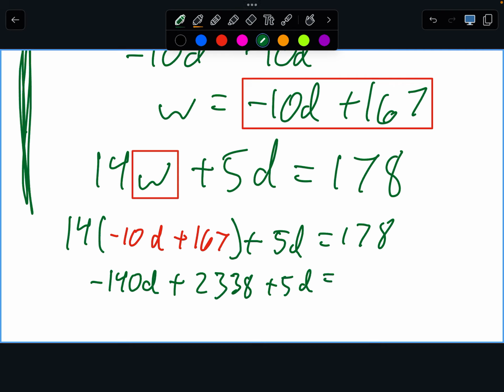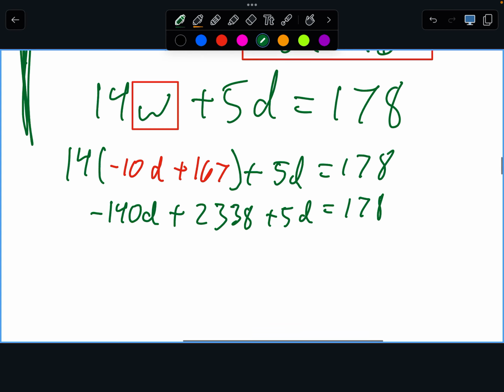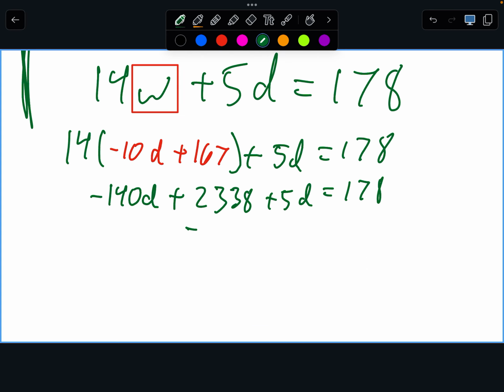plus 5D equals 178. When we combine like terms, we have negative 135D plus 2338 equals 178. This is a two-step equation. We subtract 2338.